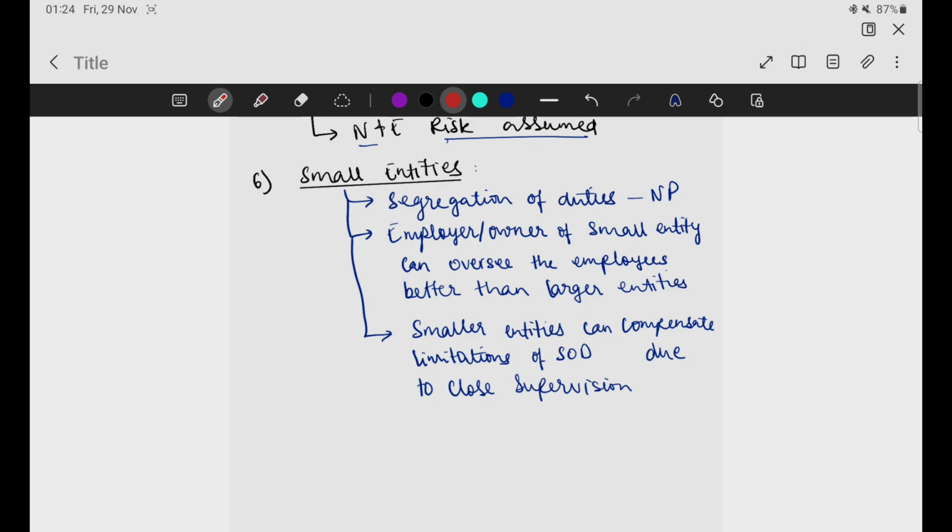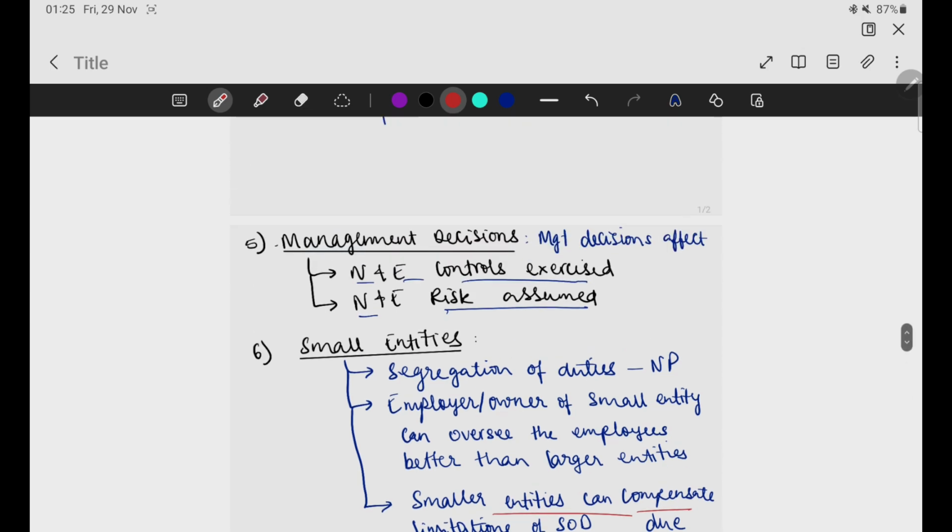The employer or owner can oversee the employees more effectively than in large organizations. And lastly, smaller entities can compensate for the limitation of segregation of duty due to close supervision. Fairly simple, right?